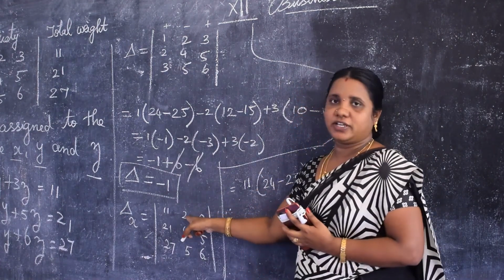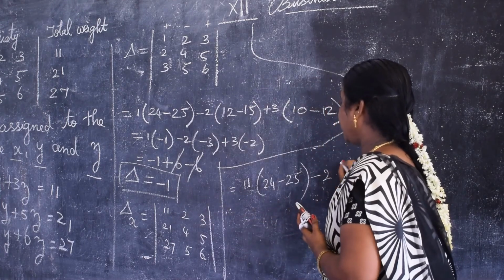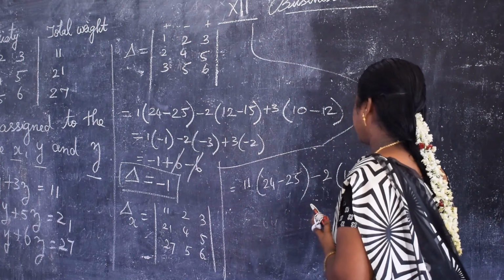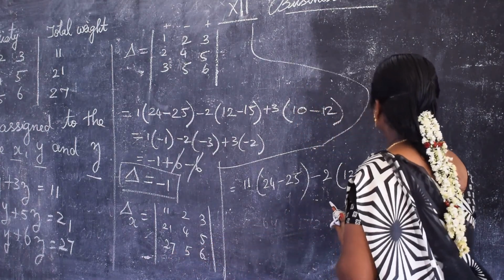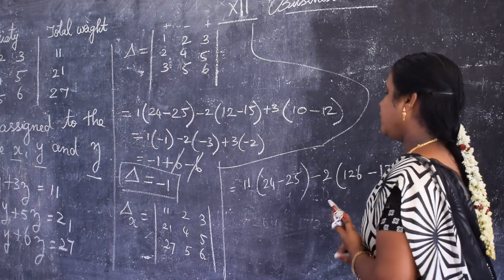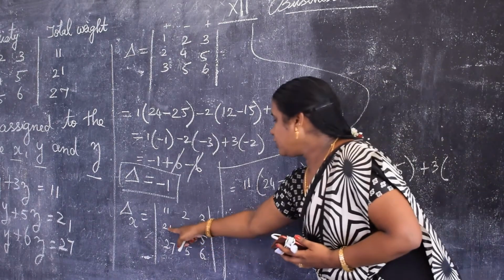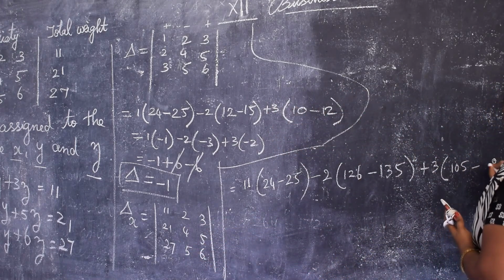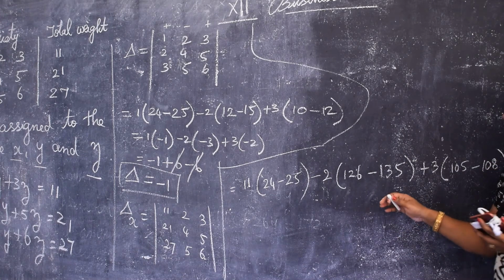For the second one, plus minus plus, so minus 2 into 21 into 6 is 126 minus 27 into 5 is 135. Have you understood? Next plus 3 into, now you cross multiply this: 105 minus 108. Cross multiply and then subtract.